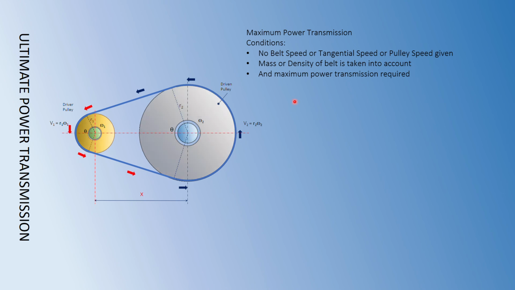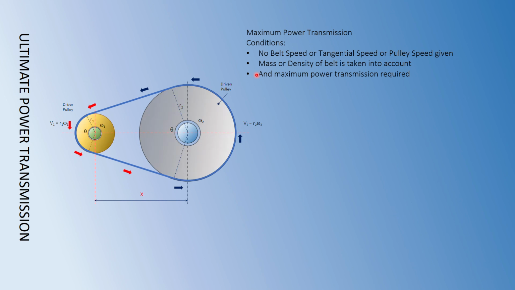So the maximum power transmission, the conditions to use this. One, no belt or tangential speed or pulley speed is given in the question. Second point is mass or density of the belt is being taken into account. And 3, maximum power transmitted required.